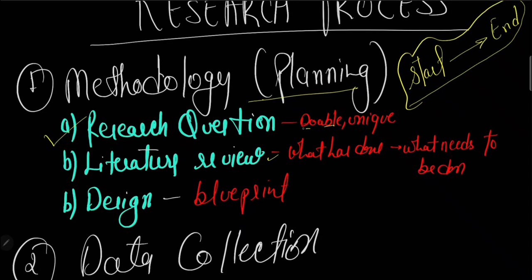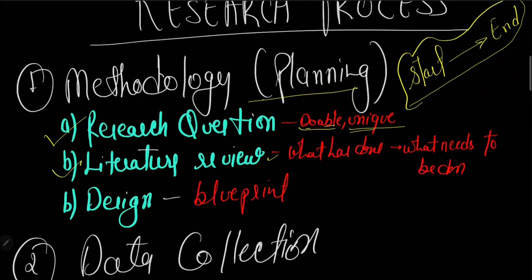Some attributes: it should be doable, so you can do it and the resources are present nearby or at your facility, and it should be unique. The thing which is done already, redoing that is no requirement. We have to do something new, and it should give some benefit or something new to society.